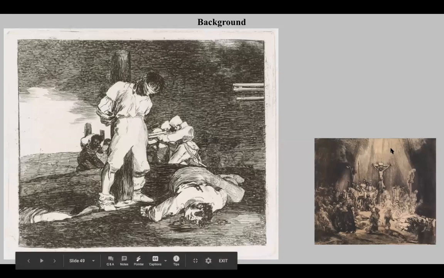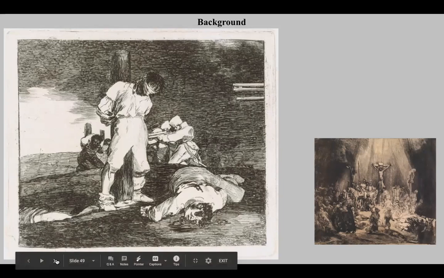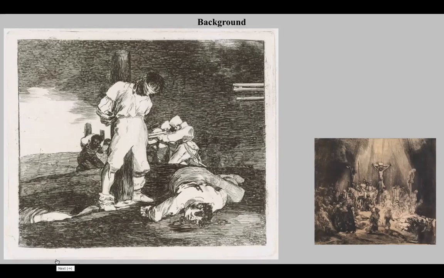And so he used this very dramatic lighting of light and dark. Notice how light the people are and how dark the background is, so that you really notice all those poignant moments of the dead, of those who are about to be shot, and then the soldiers.